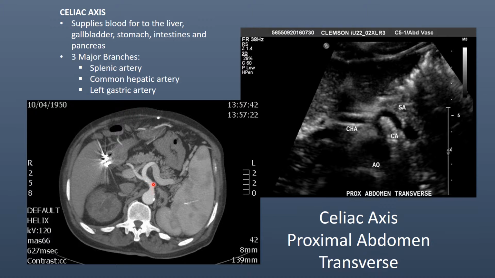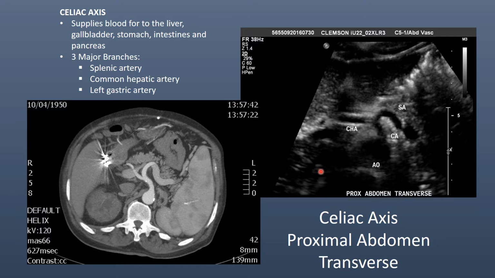Go back to the celiac axis, and this branch is the common hepatic artery, which is traveling toward the liver. This is the liver. The celiac axis also will branch into the left gastric artery. We don't see that in this particular view.